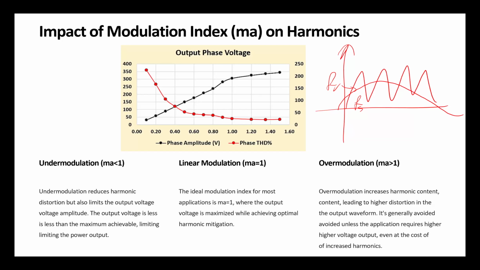But there is another trade-off here. If we manipulate the modulation index to manipulate the harmonics, we have to make sure that we are not going too far off on our fundamental component, because it also changes the fundamental component. Is that clear?